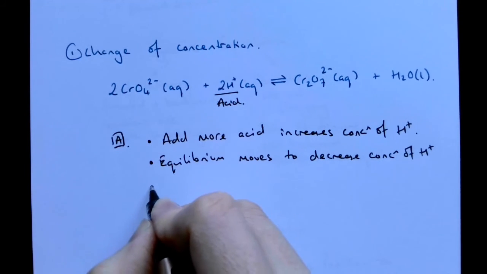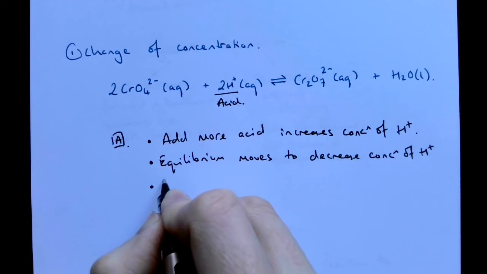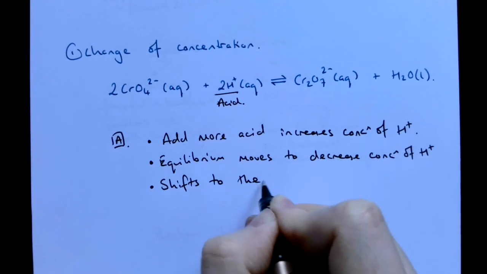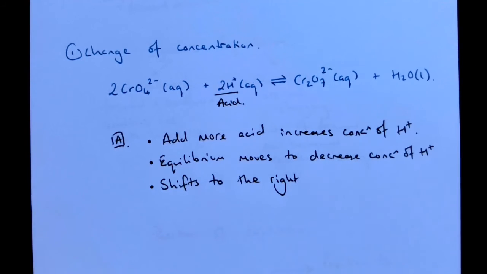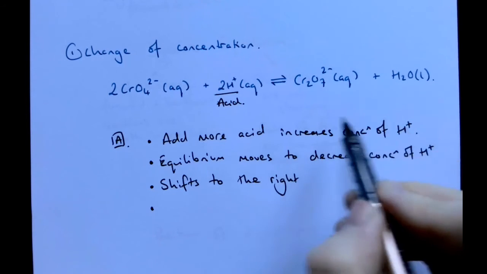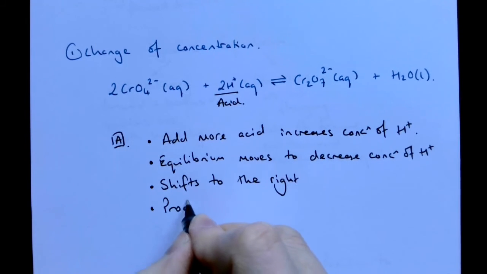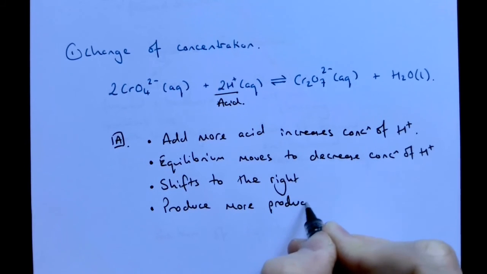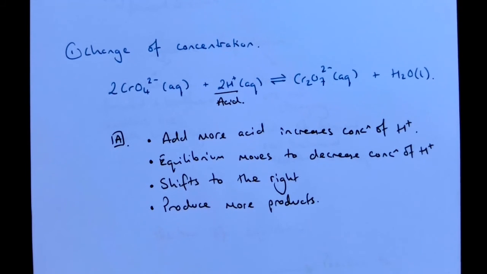So what happens is it shifts to the right, and if I shift to the right, I produce more products. And that's it. Any of these, you can analyze in 4 steps, more or less.